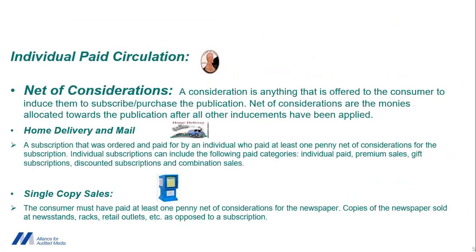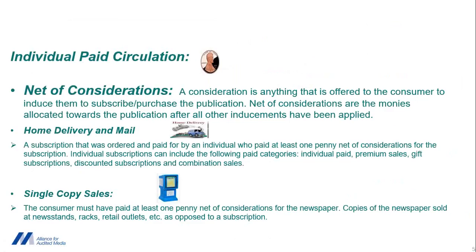That leftover money is what's remaining for that publication. So if you had a premium of a coffee mug and that coffee mug was $1 and your subscription is $10, the net of considerations would be $9 for the subscription, because you need to deduct the dollar that was the value of the coffee mug.